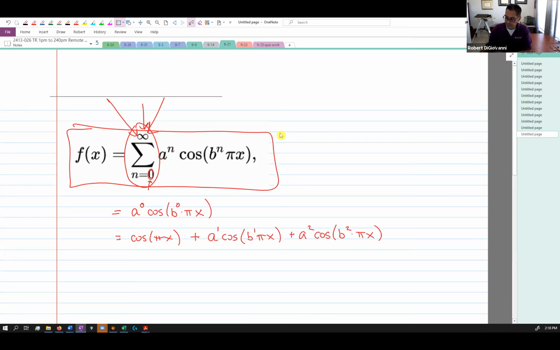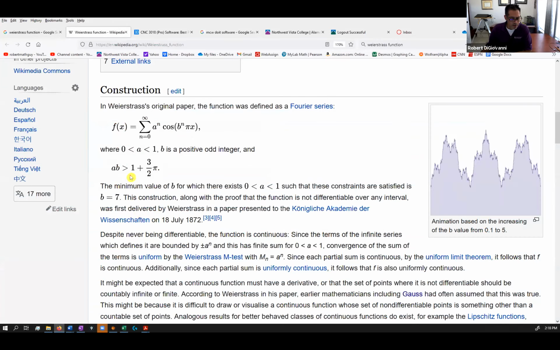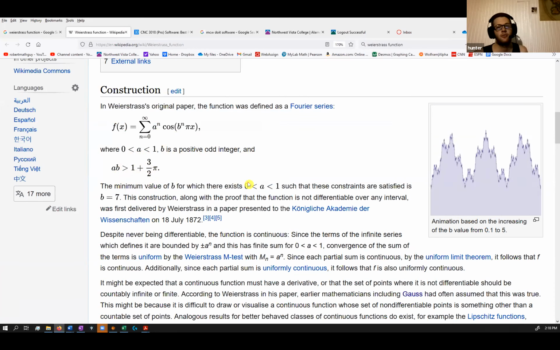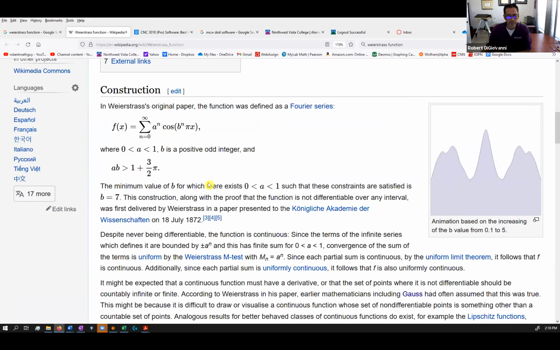What dictates the value of a and b in this function? There are just some conditions on them. The conditions are that a is between 0 and 1 and b is a positive integer, and that the product of the two is greater than this number. As long as that's true, then this will work.